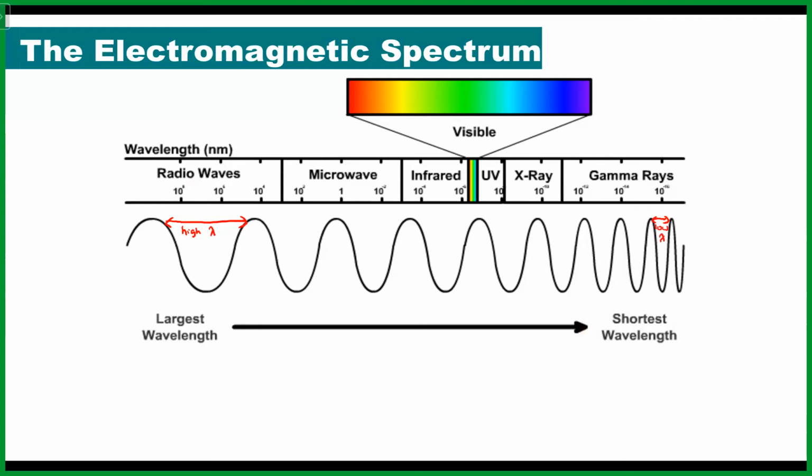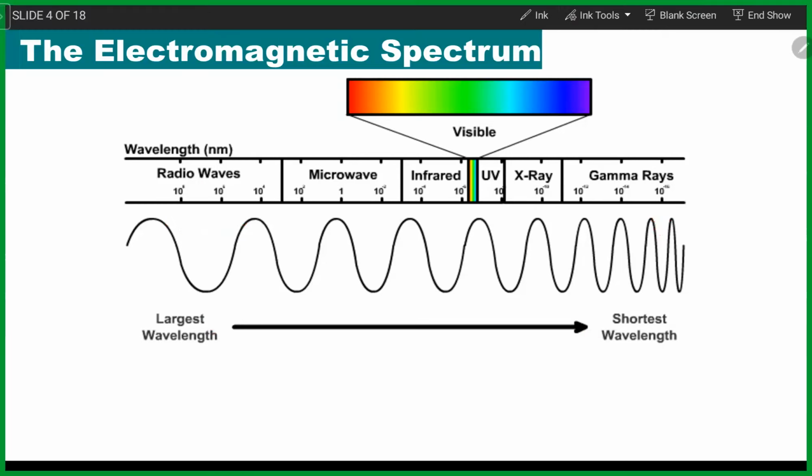But there are also two other patterns that you need to keep in mind. Now, we know the relationship between wavelength and frequency, right? We've learned that when wavelength is high, frequency is low, and when wavelength is low, the frequency is high. So basically, wavelength and frequency have an inverse relationship.